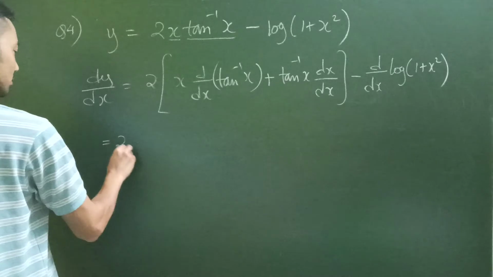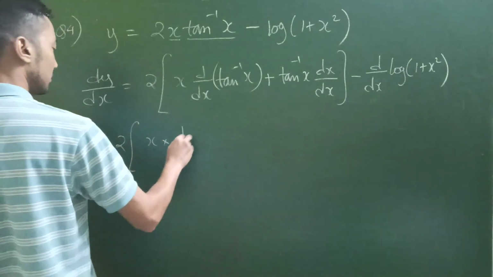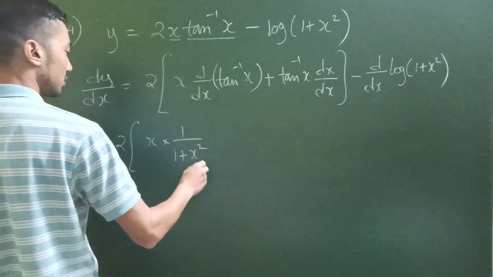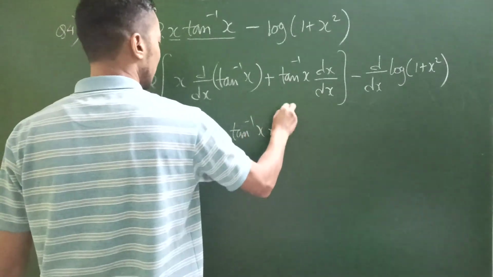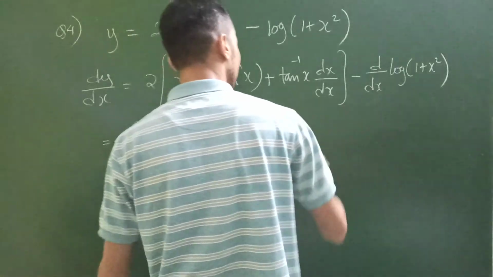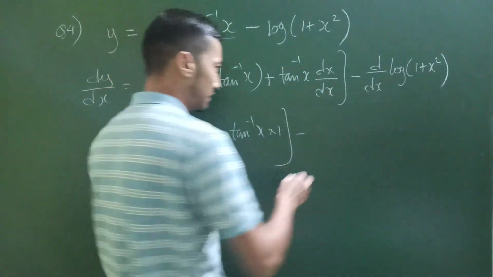So that's twice x into derivative of tan inverse x, 1 by 1 plus x square, plus tan inverse x into 1, minus, what was the derivative of log x? It was 1 by x.